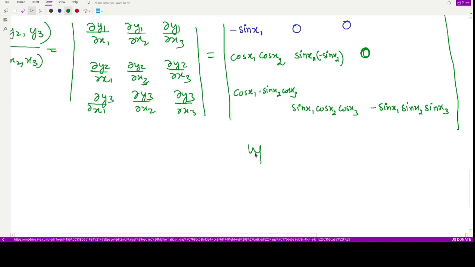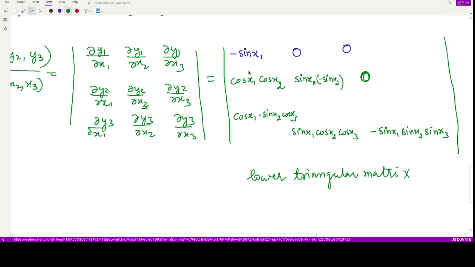So that is what we have, and because this forms a lower triangular matrix, therefore the determinant of this would be equivalent to the product of the diagonal terms.